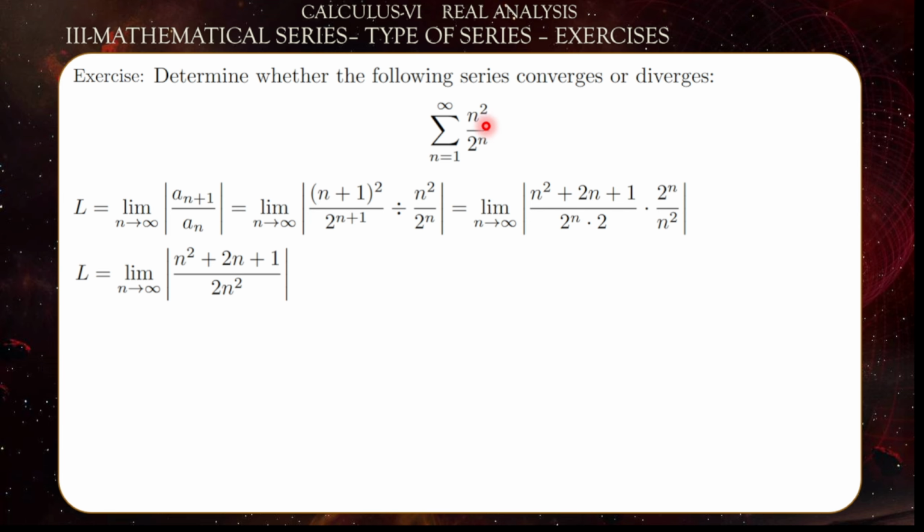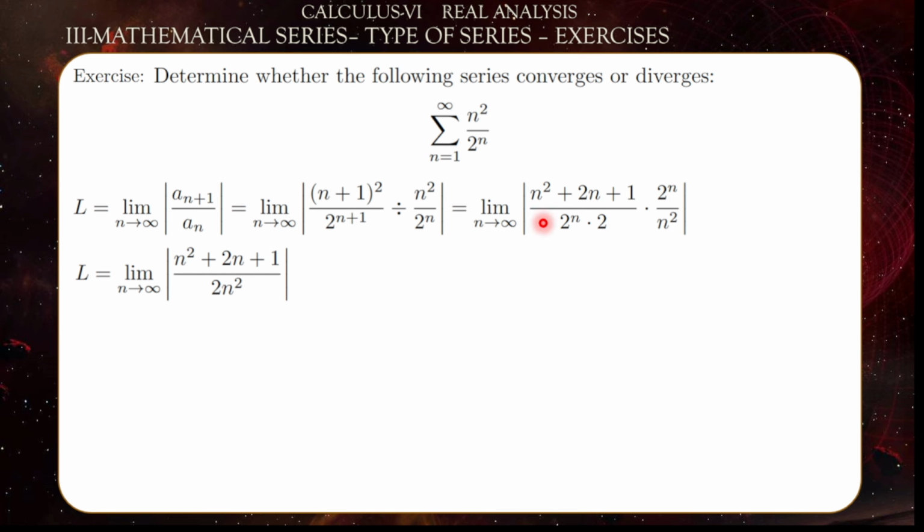So it will become (n plus 1) squared divided by 2 to the power of n plus 1, over n squared divided by 2 to the power of n, which you need to flip in order to multiply these two quotients. That equals the limit as n approaches infinity of (n squared plus 2n plus 1) divided by 2 times 2 to the power of n, multiplied by 2 to the power of n divided by n squared.